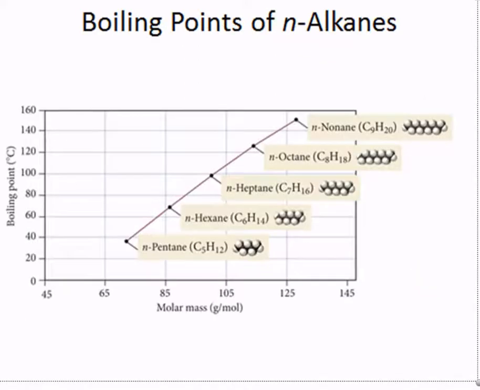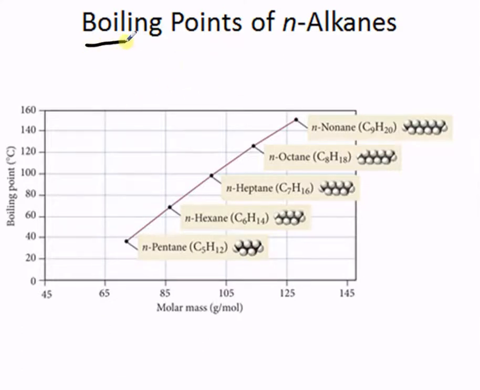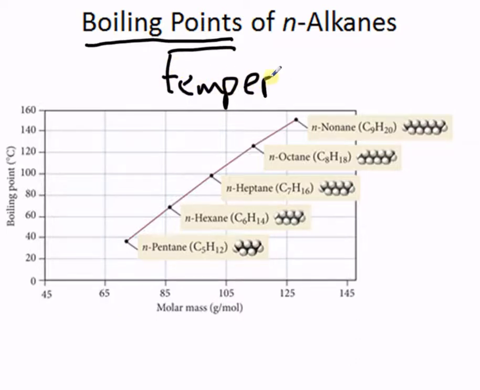The other thing we can see in this plot is that the temperature at which a substance boils is called the boiling point. So point here is talking about the temperature. We're thinking about at what temperature this liquid, for instance the heptane here that has 7 carbons in the molecule, is going to start to boil. And we see that there is a dependence of the boiling point on the molar mass.